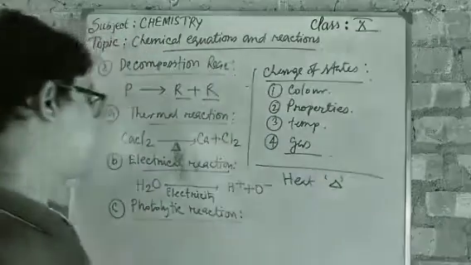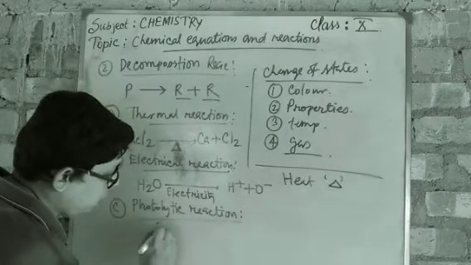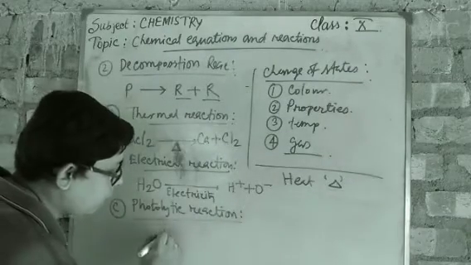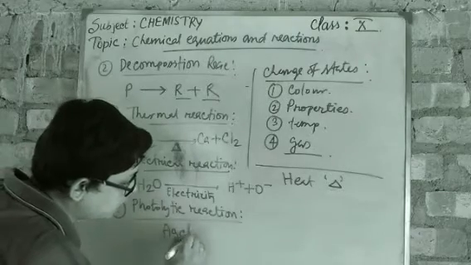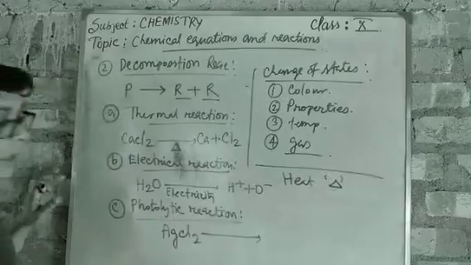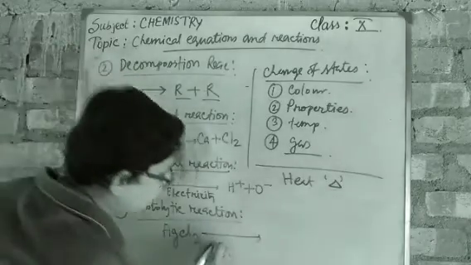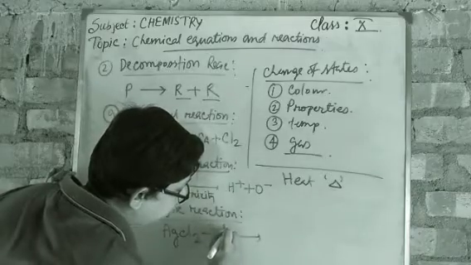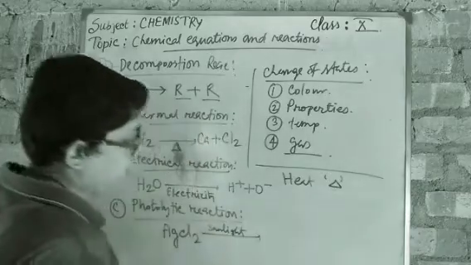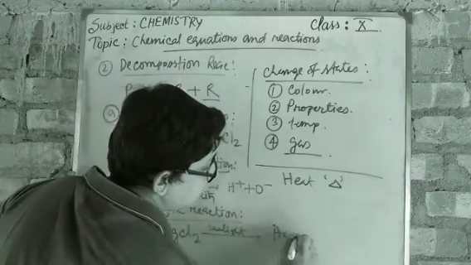So using sunlight, let's do a reaction. I am taking silver chloride, as usual, AgCl2. When I take silver chloride in direct sunlight, suppose sunlight is falling onto it, got it? Then what will occur?